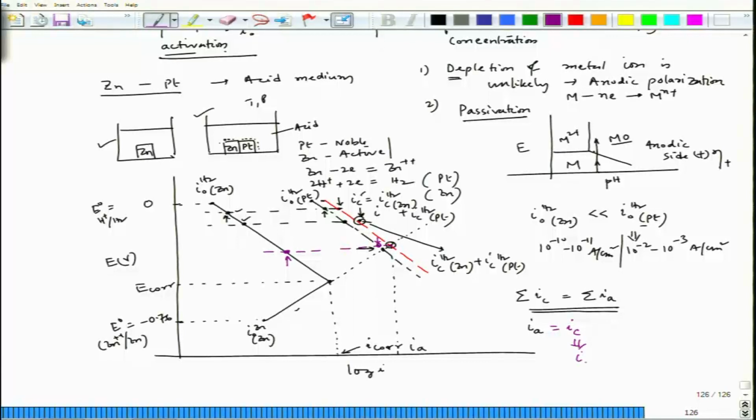So IC on hydrogen evolution on zinc surface plus IC hydrogen evolution on platinum surface.